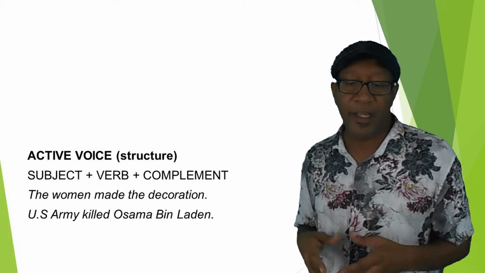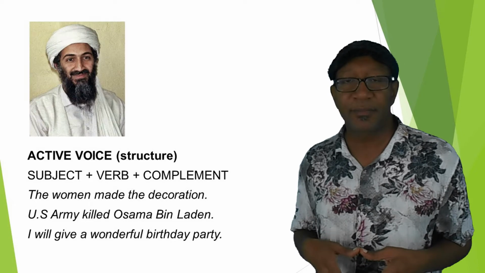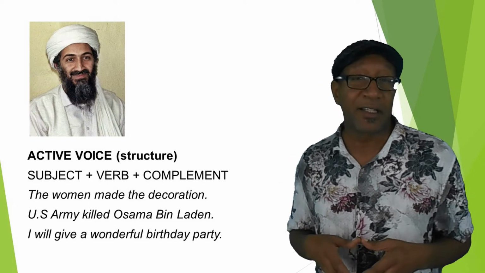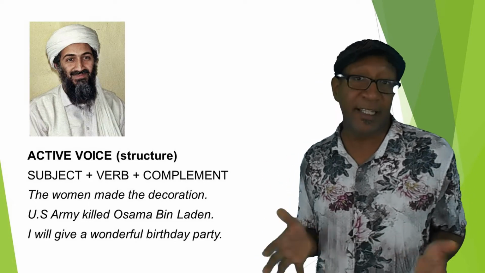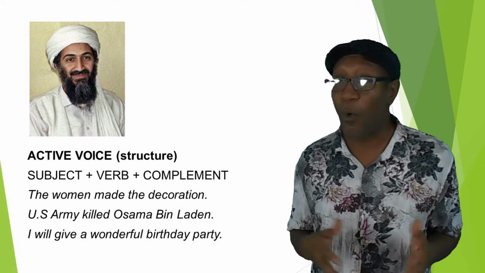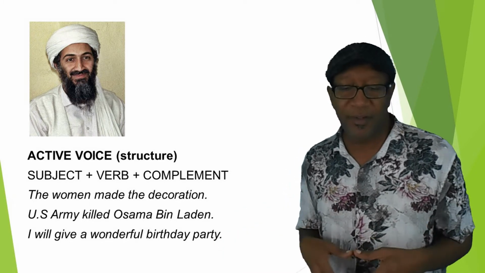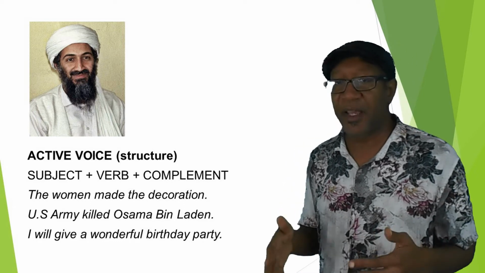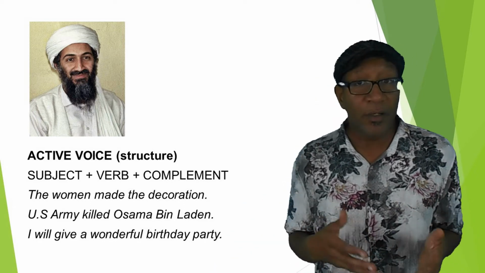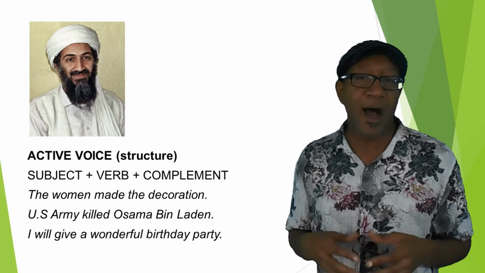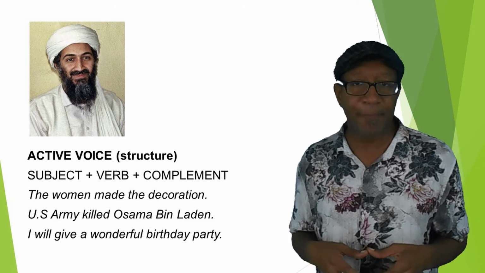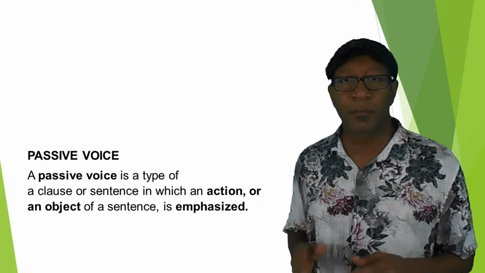US Army killed Osama bin Laden. As you can see, the guy in the picture is Osama bin Laden, was actually. And I will give a wonderful birthday party. All of these three sentences are structured in active voice.